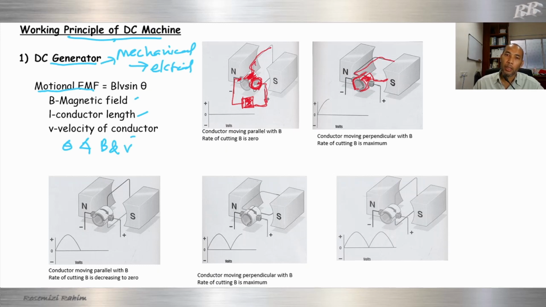The brush must press the rotating part to make sure the rotating part is connected with the external circuit. The rotating part generates the electricity, then the electricity is transferred to the circuit using the brush. That's why the brush must press the commutator.